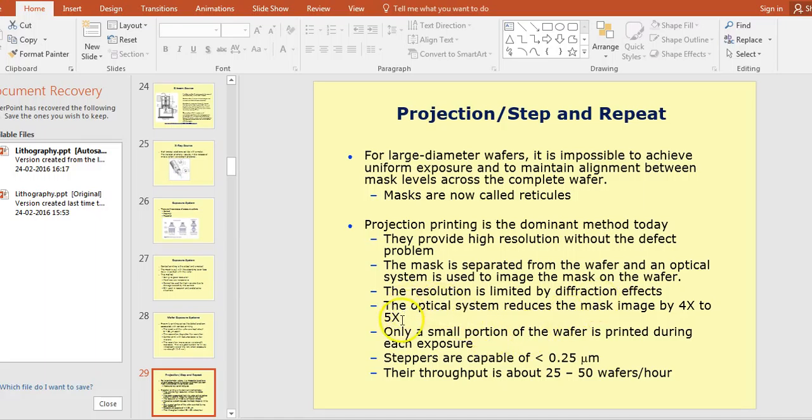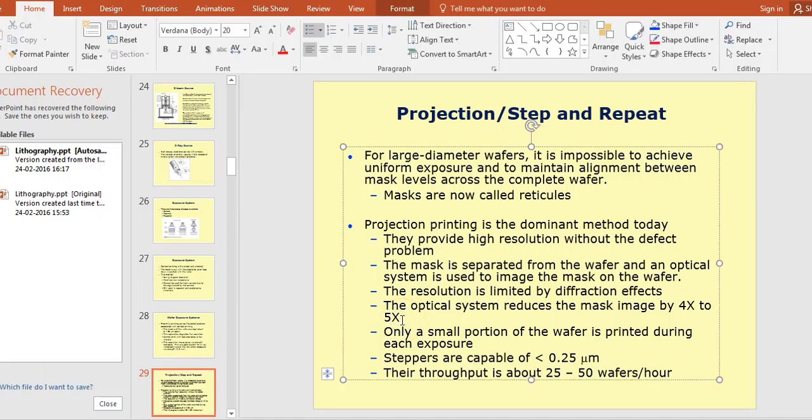Normally in projection printing, we use the step and repeat method. Whatever pattern is there on the mask, we do not do the exposure of the whole wafer in a single run.